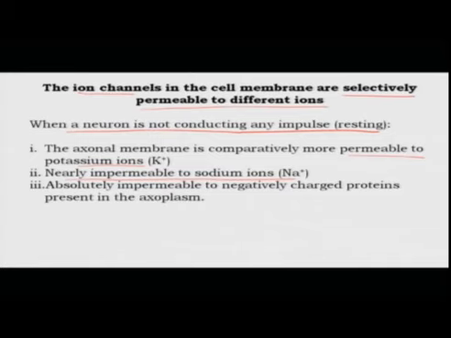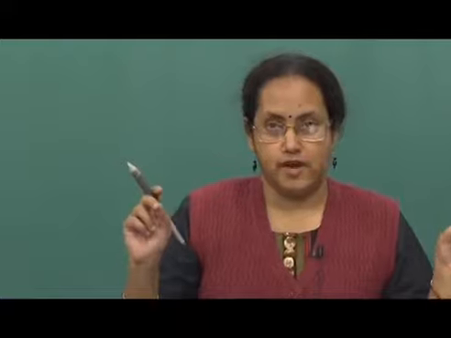And the membrane is also completely impermeable to negatively charged proteins which are present in the axoplasm within the cytoplasm. The cytoplasm contains a lot of proteins and these are mostly negatively charged, but they can never move out of the cell even though ion channels may be open, because ion channels only allow ions, and that too certain kinds of ions and certainly not any proteins.